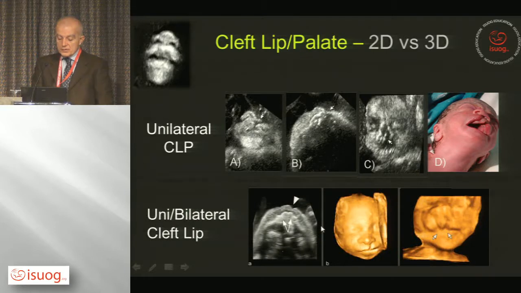It is quite important to make a differential diagnosis of cleft lip versus cleft lip and palate, and this is a case of unilateral cleft lip that you see here with an intact ridge here, consistent with this 3D rendering, or on some other occasions you may have 2 small tags here without any involvement of the primary or secondary palate here.